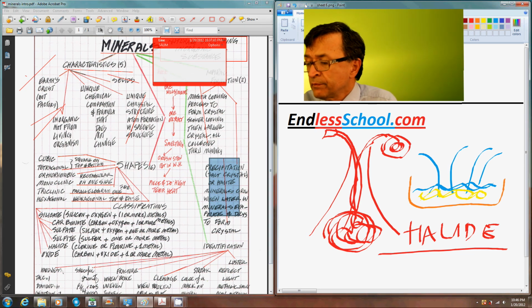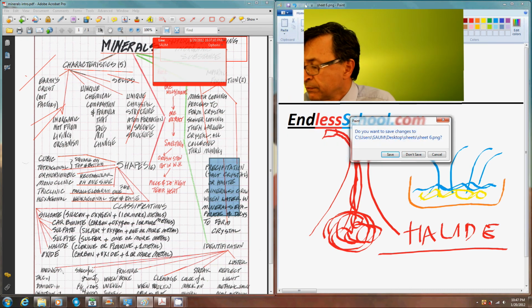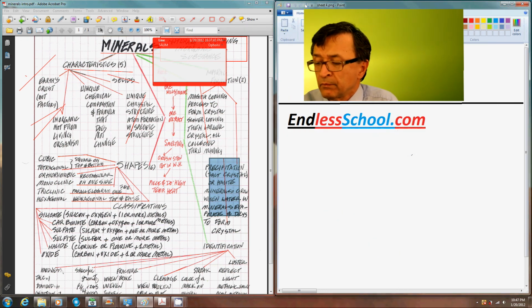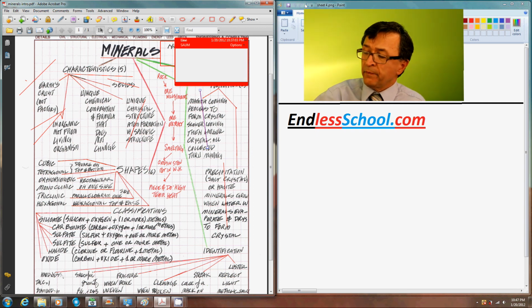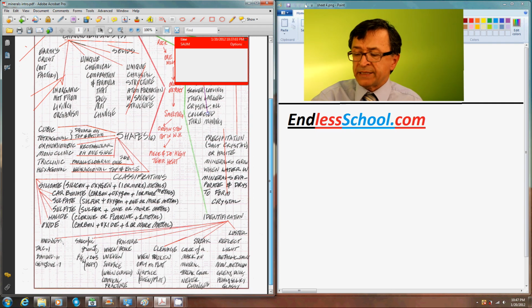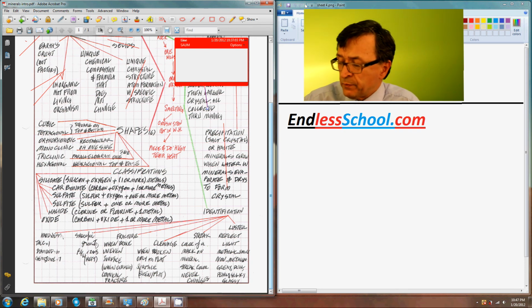Next, if somebody asks what the classifications are, what the contents of these minerals are, it's very simple.